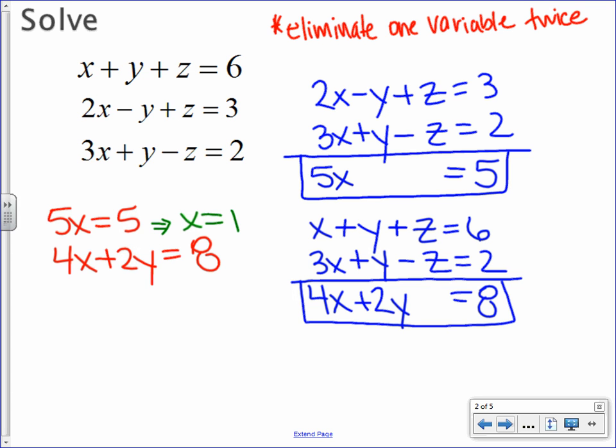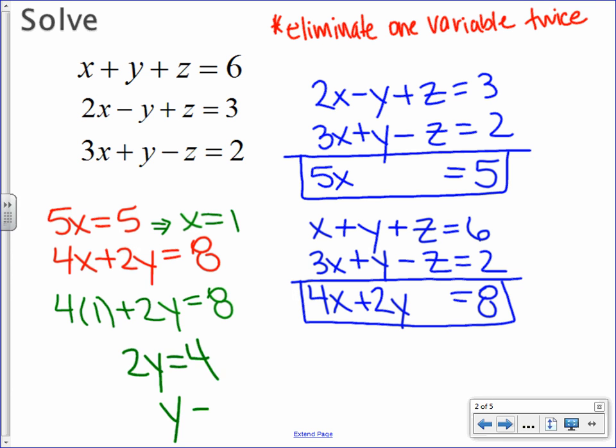And we can plug that into this one: 4 times 1 plus 2y equals 8, which means 2y is 4, and so y is 2. So far we have x equals 1, y equals 2. How will we get z?